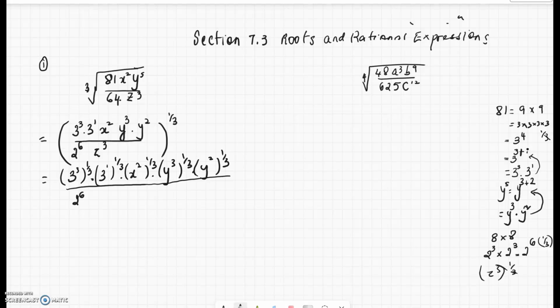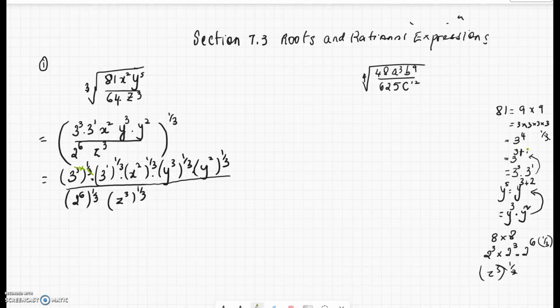Writing down everything just helps keep things on track. So we have 2 to the 6 to the 1/3, z cubed to the 1/3. And now I'm going to cancel because this 3 is going to be multiplied by the rule of exponents. It's going to be 3 times 1/3, and that cancels the 3's.